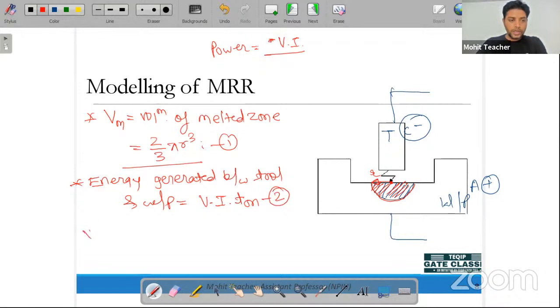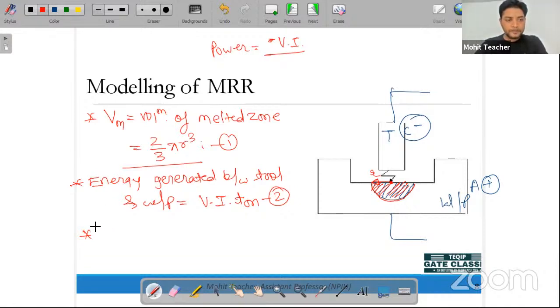Fine. Now, if we consider that 100% of the energy generated between the workpiece and the tool is directly transferred to the workpiece, then there is no issue. But we know that whatever spark is generated, not all of it is transferred to the workpiece only; some amount is transferred to the tool as well.